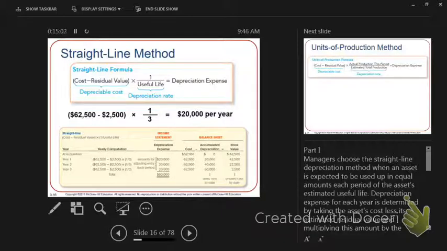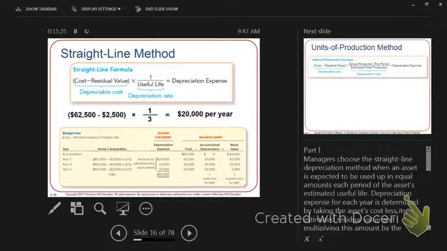833. So now when I come down to year 2, what is my accumulated depreciation? What goes in? 41,667 times 2/3, all right?